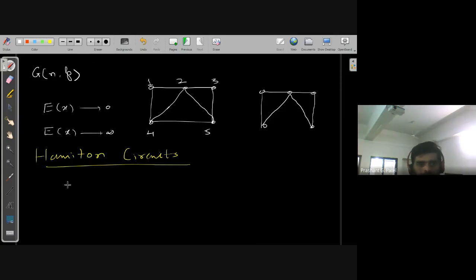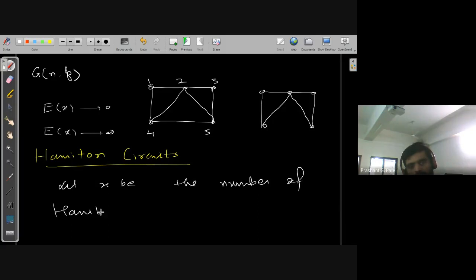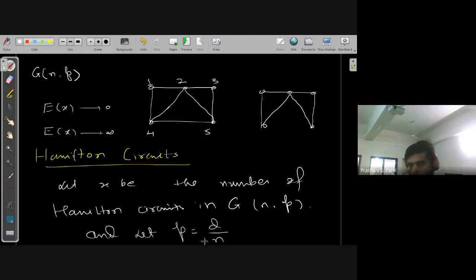So let us consider X to be the number of Hamiltonian cycles in the G(n,p) graph model, and let P be the probability d by n, where d is some constant.